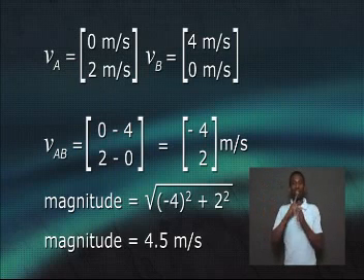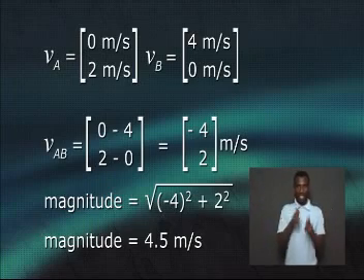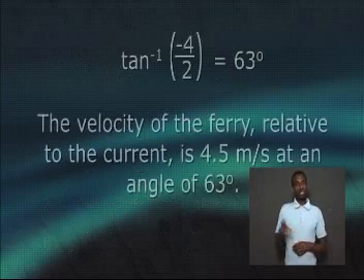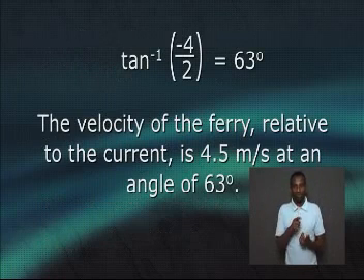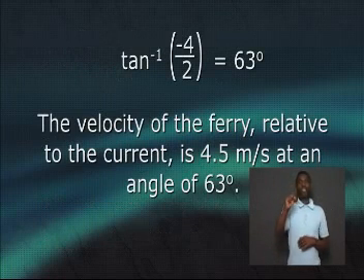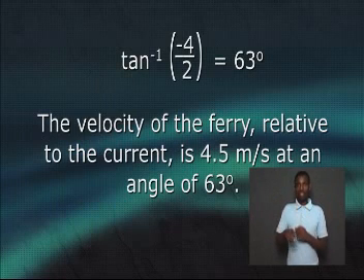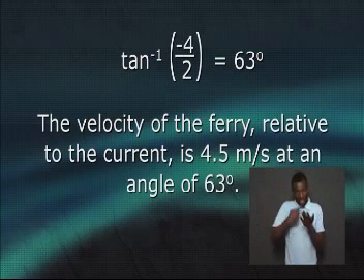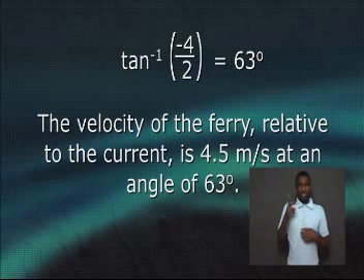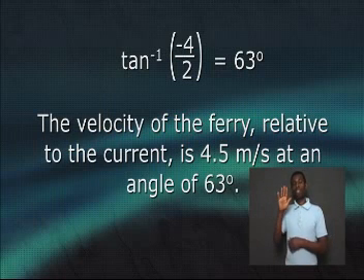The direction of the relative velocity is found by taking the inverse tangent of -4 over 2. We get 63 degrees. So, the velocity of the ferry relative to the current is 4.5 meters per second at an angle of 63 degrees.